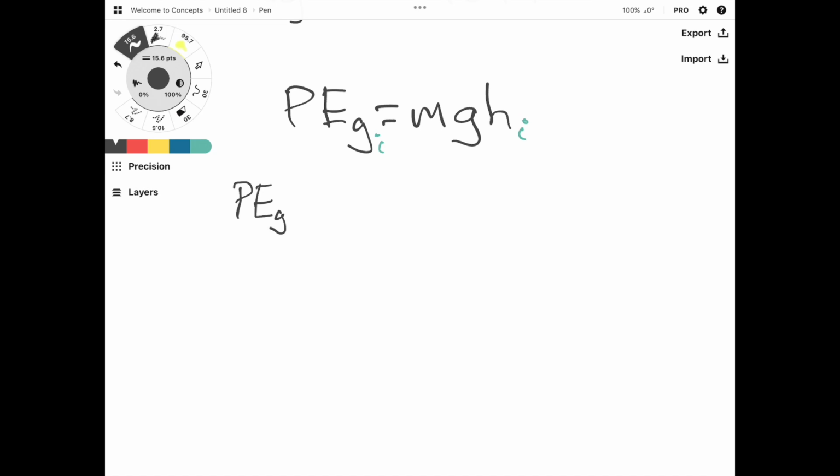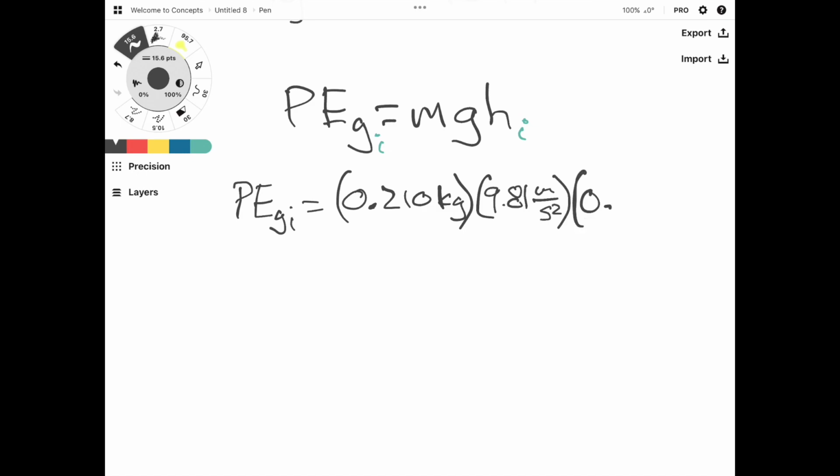So my potential energy due to gravity initial is equal to the mass, which I can find as 0.210 kilograms, times g, 9.81 meters per second squared, times my height, which is 0.95 meters.